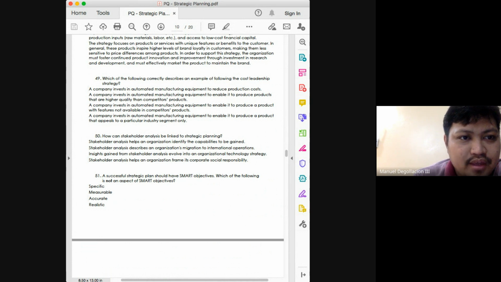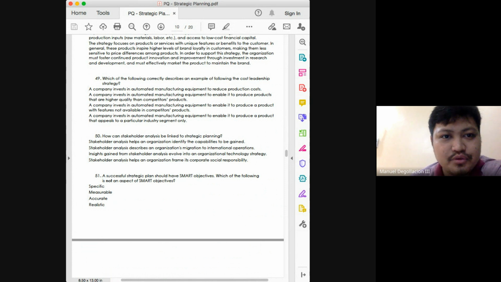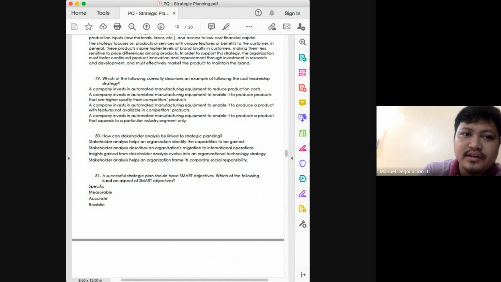No. A company invests in automated manufacturing equipment to enable it to produce a product with features not available. Again, no. A company invests in automated manufacturing equipment to enable it to produce a product that appeals to a particular industry segment. Okay, so out of these four options, it's the first option that describes a cost leadership strategy.